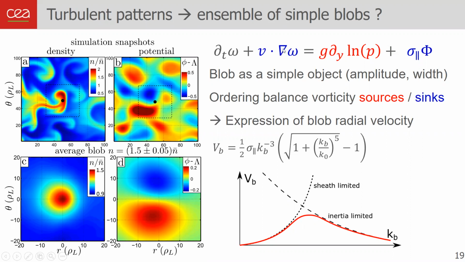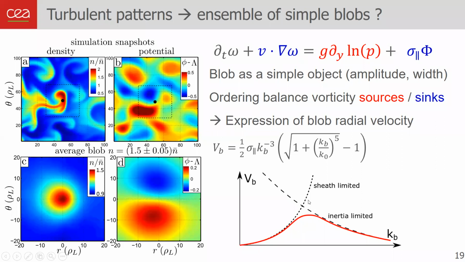To create vortices, you need a density perturbation, but once you have vortices, the density moves away, which basically empties the source of vorticity. When you do that, you have a very simple expression of the blob velocity, a function of the amplitude of the blob density perturbation or pressure, the size of the blob, and the control parameters, which are the curvature and the loss rate.